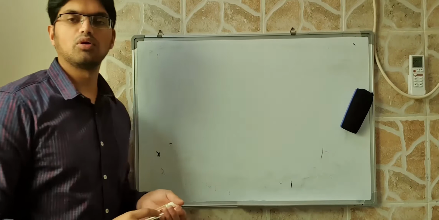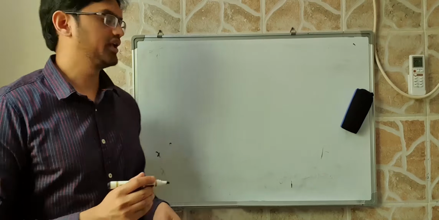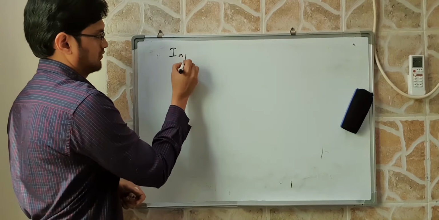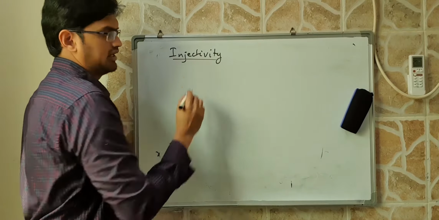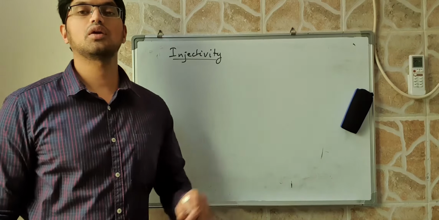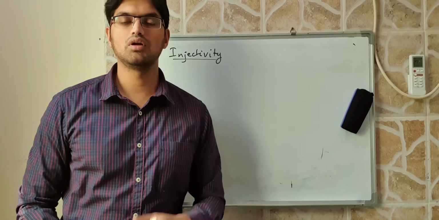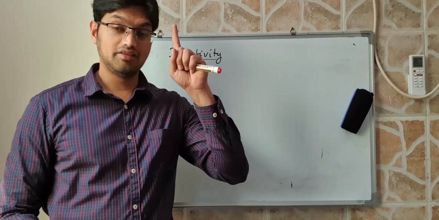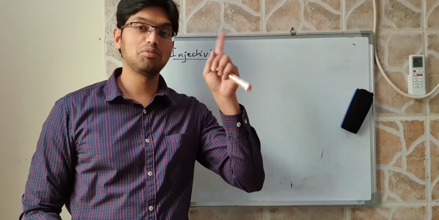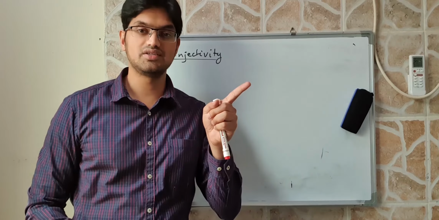So let us talk about, first of all, injectivity. Injectivity means we have to check whether the function is one-one or not. Remember, when I was explaining in the previous video, I told you one condition.